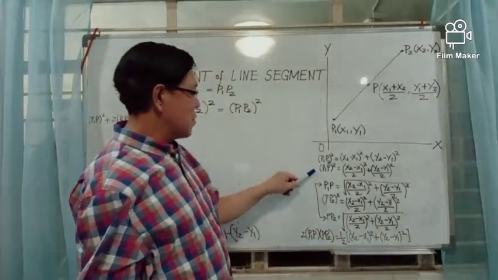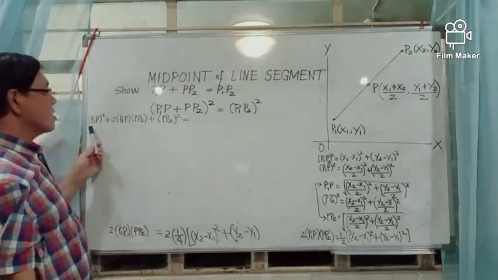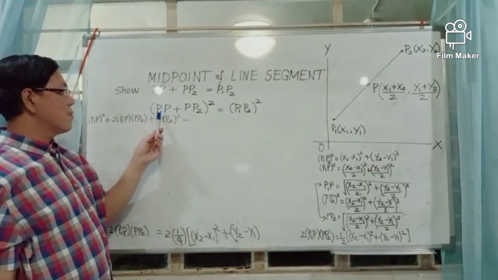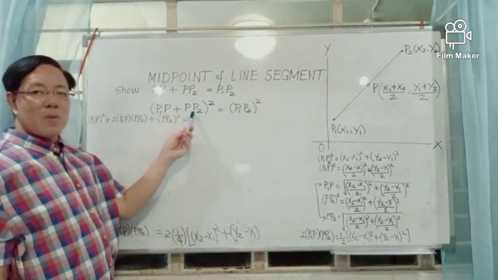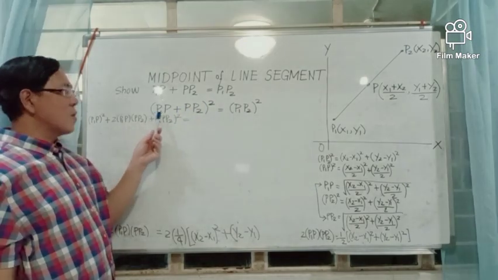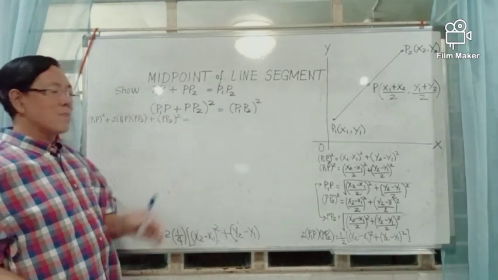We now substitute these values into this equation, which is the expansion of the square of this binomial, the square of the sum of the distance between P1 and P and the distance between P and P2.